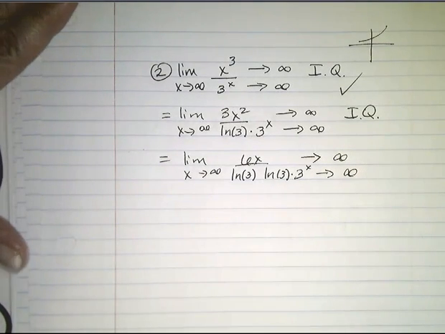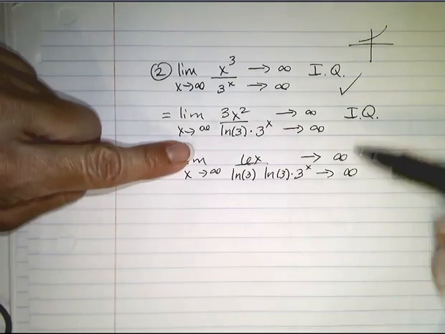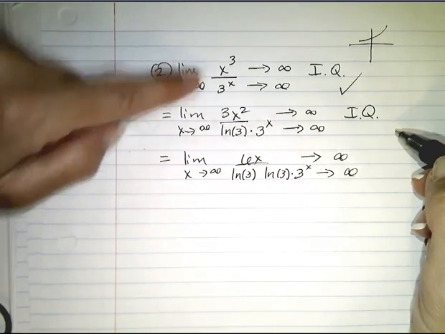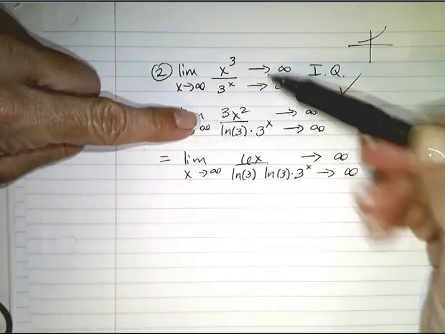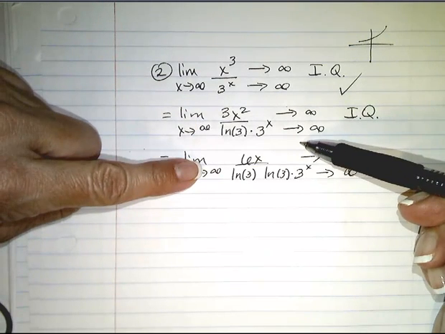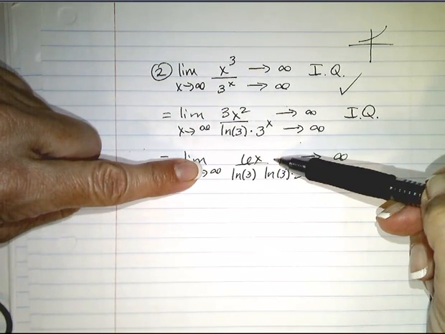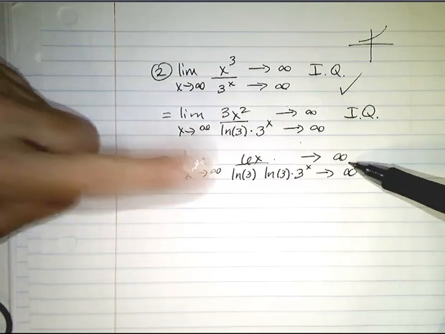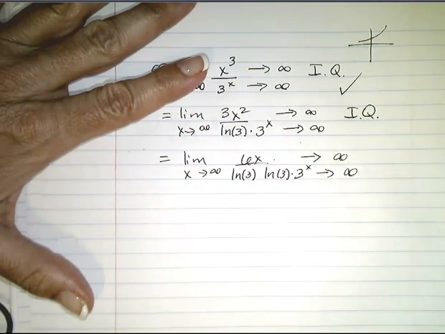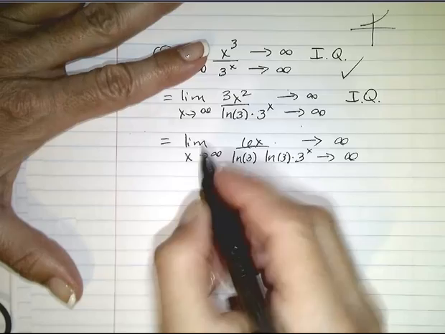Am I in trouble? But if I stop and think about it, I realize that here I had x cubed, here I had x squared, and here I had just x. And I bet if I do this one more time, I will be done. Well, let's see.